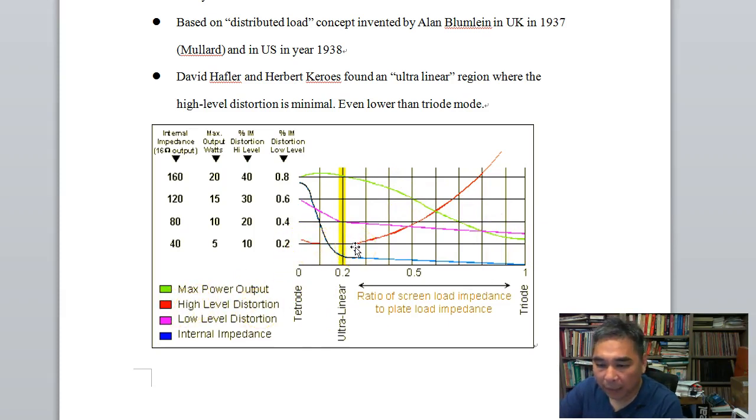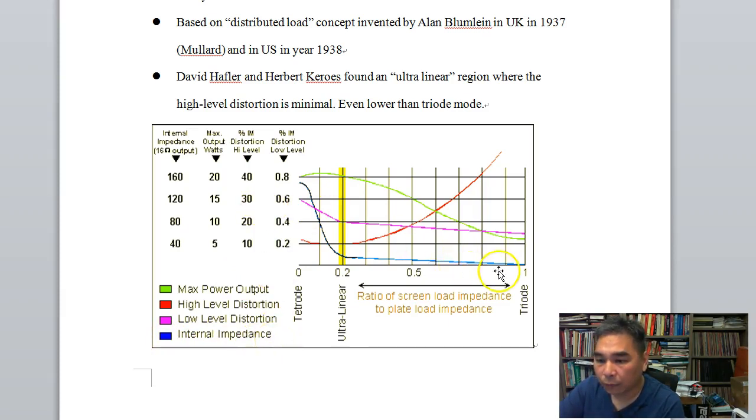In triode mode, the higher the output power, the higher the high-level distortion. And the purple line is the low-level distortion. When the signal level is low, the triode has better linearity, so the distortion is lower. The blue line is the internal impedance.